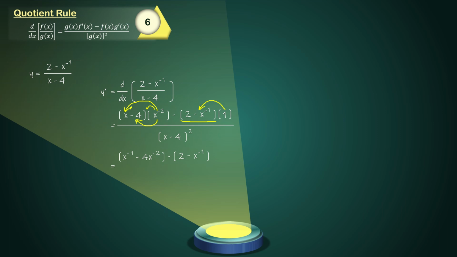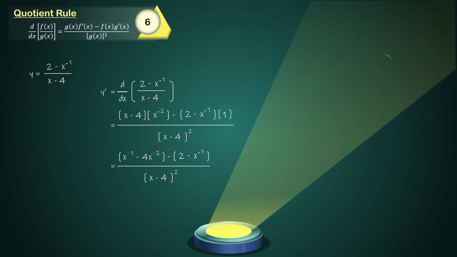Remove grouping symbols. We have x raised to negative 1 minus 4x raised to negative 2 minus 2 plus x raised to negative 1, all over the denominator.